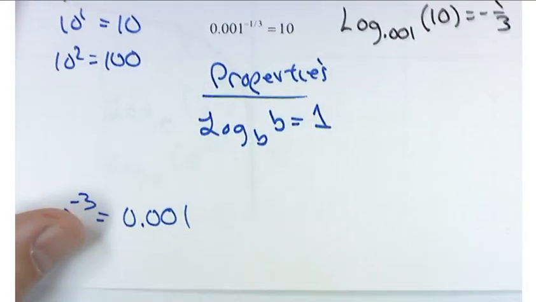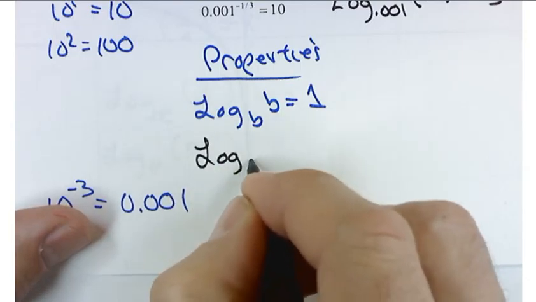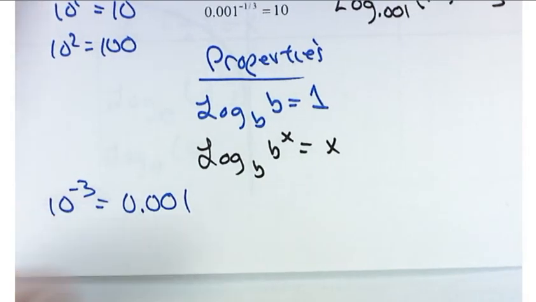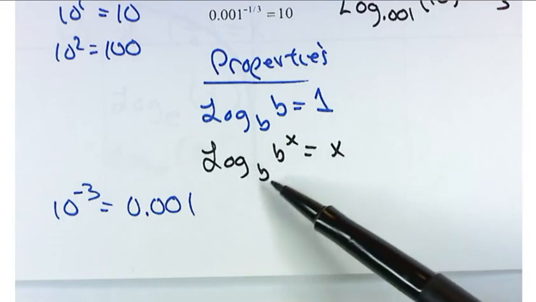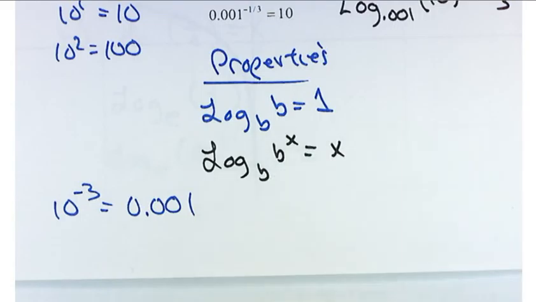So here's our properties list. Let's add log base b of b to the x equals x. So if you have an exponential function and the log of the same base, those taken one then the other cancel each other out because they're inverse operations. It's like adding 6 and then subtracting 6. You're going to get back to where you started from.